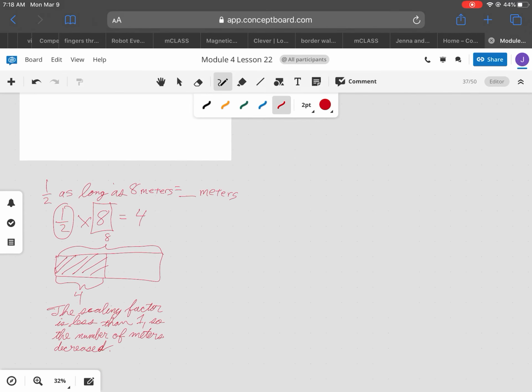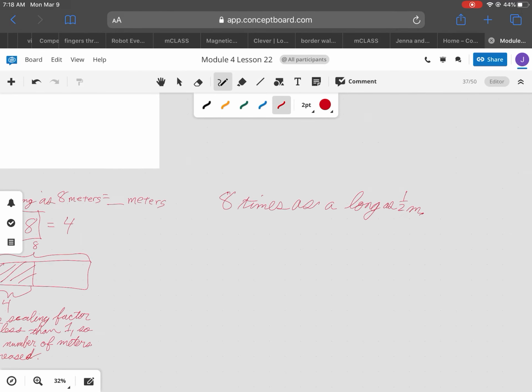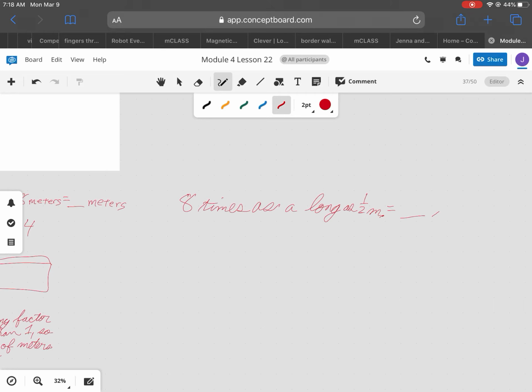All right, now we have another one on the other side that says, well, I guess you're not always doing it, 8 times as long as 1/2 a meter is equal to how many meters?